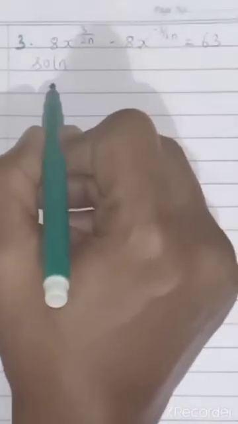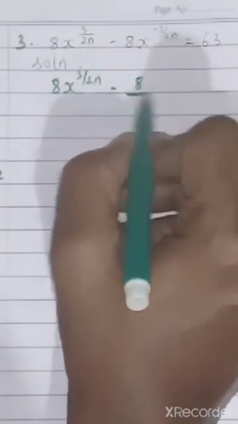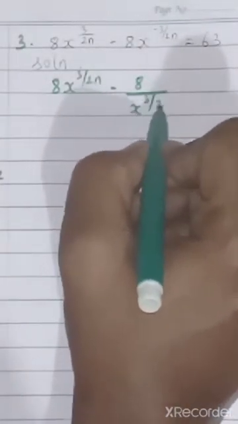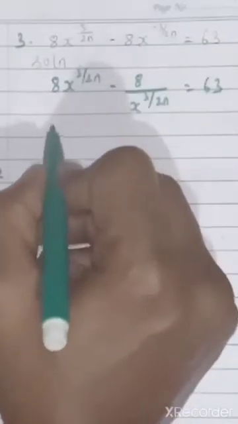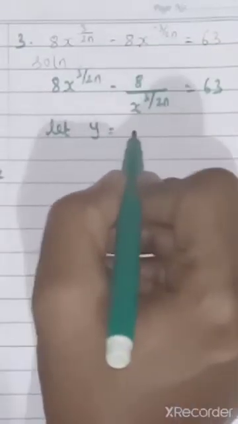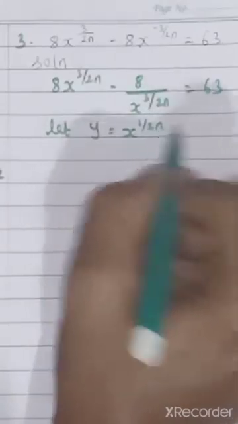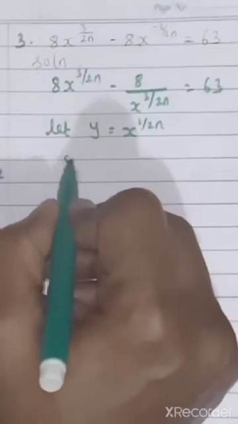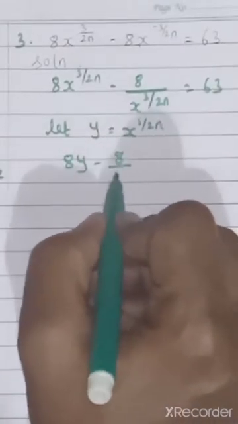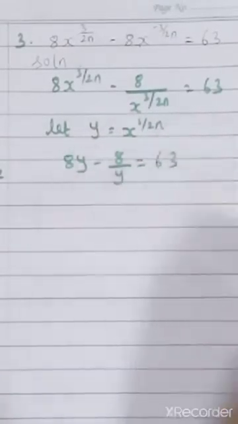So first we can rewrite the question as 8x^(3/2n) minus 8 by x^(3/2n) equals 63. Now let y equal x^(3/2n) to make the calculation easy. So how can you rewrite this? 8y minus 8 by y equals 63.